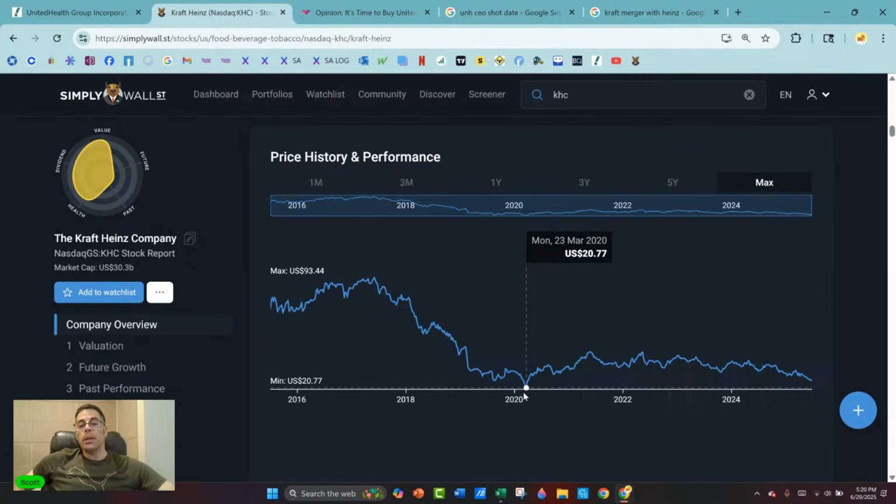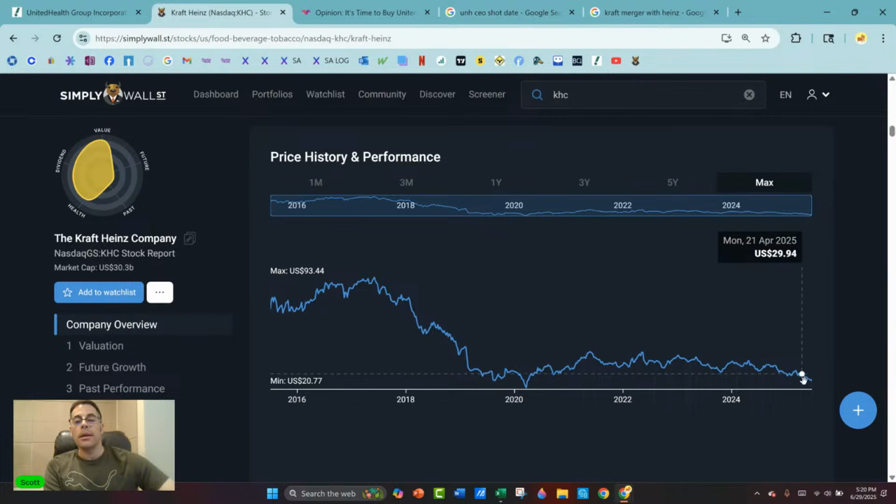It actually fell to its lowest level in 2020, not now. 2020 was the low. So there's only upside. I mean, how much more downside can it be? This is a pretty big company. This is not going bankrupt. If they were going out of business, yeah, you would see it drop over time. But it just hasn't moved.